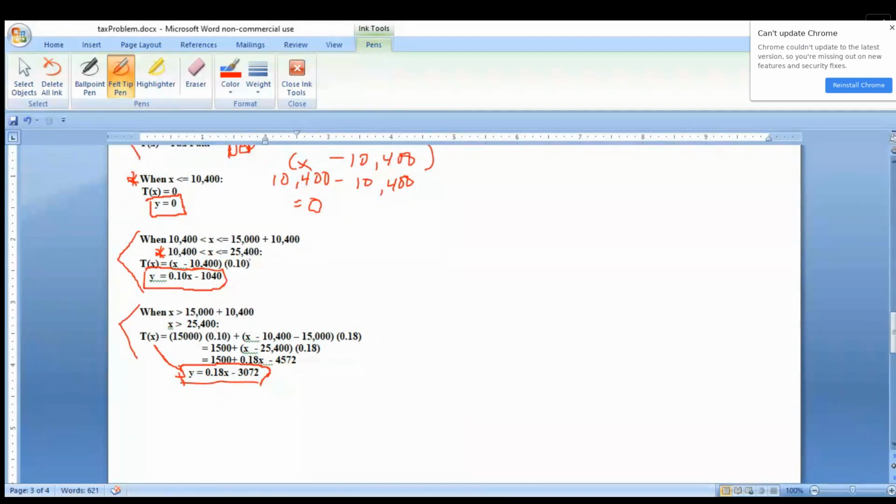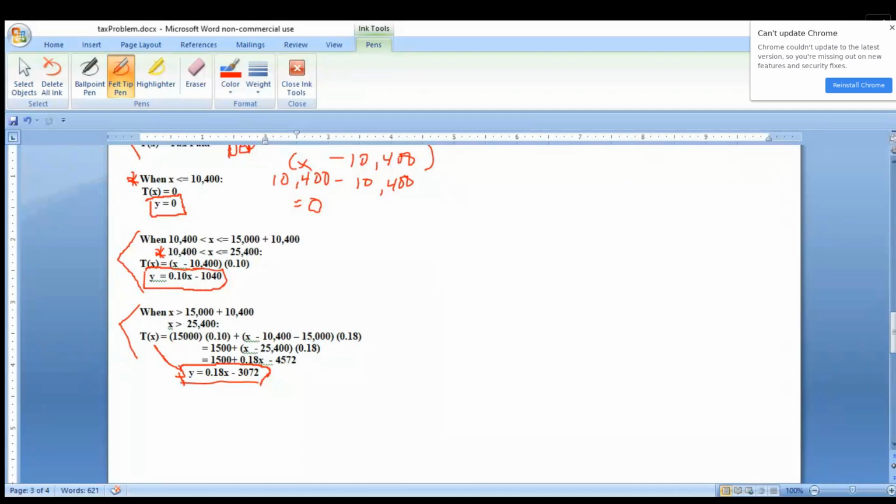Or when it's less than or equal to 25.4, that's when we can use this equation. Okay, x is 10.4 there. Well, let's see this other intersection. I'll be darned, it's 25.4. And that's the intersection of the blue line, the second one, and the green line, the third one. So this is where the third one takes off. It's kind of neat how they all intersect.